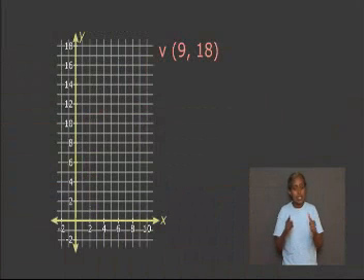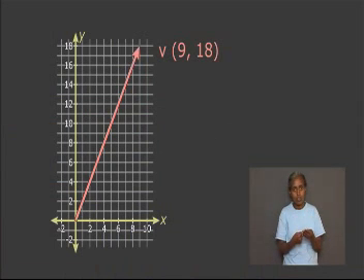Hello again, students. Once more, I am confident that you had no difficulty in recalling what you learned in the previous grade. The first scalar is equal to 3. Therefore, you must triple the magnitude of the vector until its terminal point comes to rest at (9, 18).